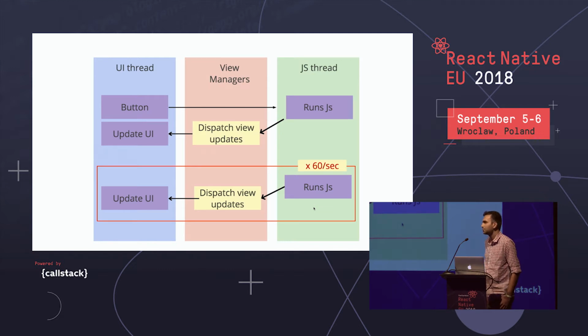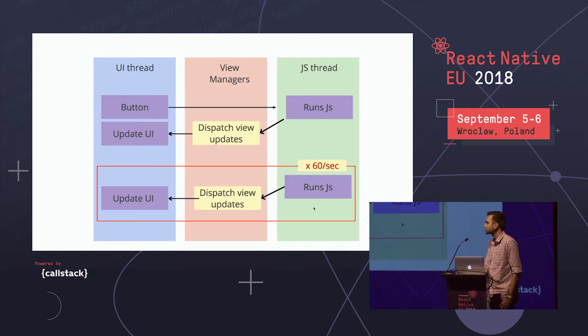So for your animation to be smooth, you need the changes of your animation to go to the native thread like 60 times per second. And that can cause a problem because any message that goes into the bridge needs to be serialized and then deserialized on the other end. So your UI might lag.